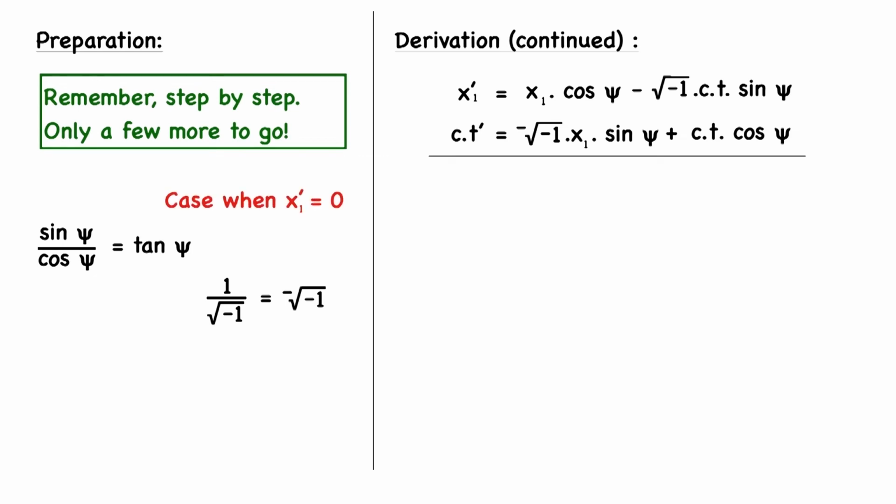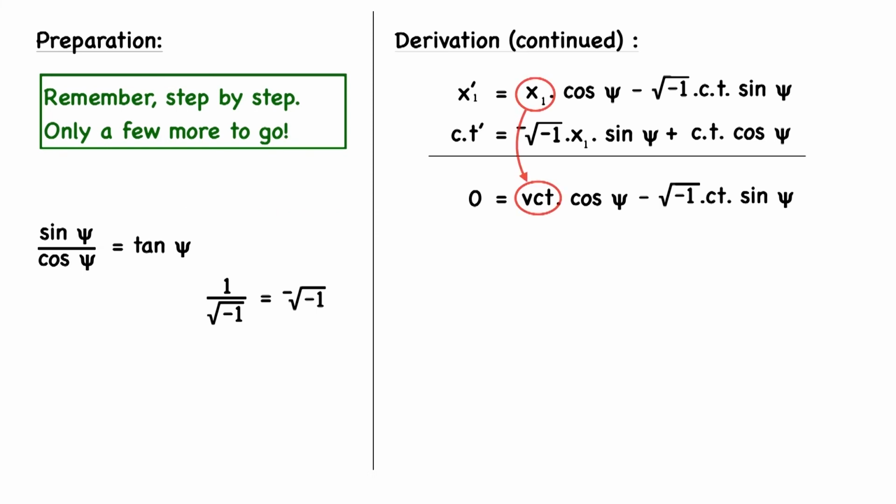When x-1 is set to 0 here, I can rewrite the first equation like this, and replace x1 with vct, like so. Now, if this term minus this term equals 0, then they must be the same, and we can simplify that equation to just this.